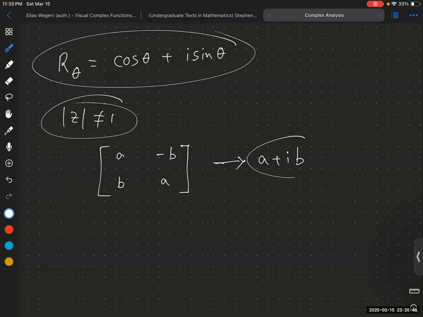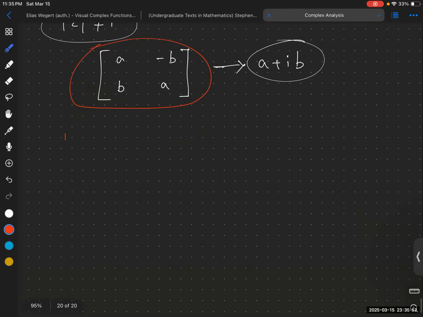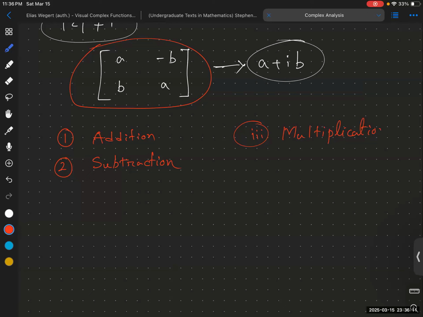And writing a complex number in this matrix form can also satisfy all the operations, that is addition, subtraction, multiplication, and division.